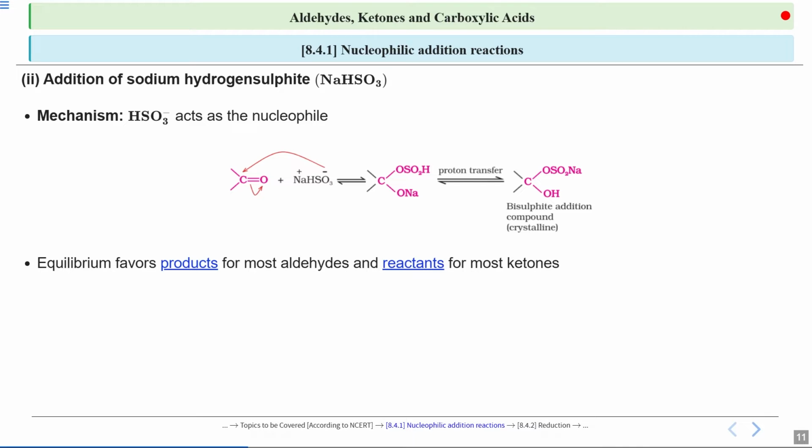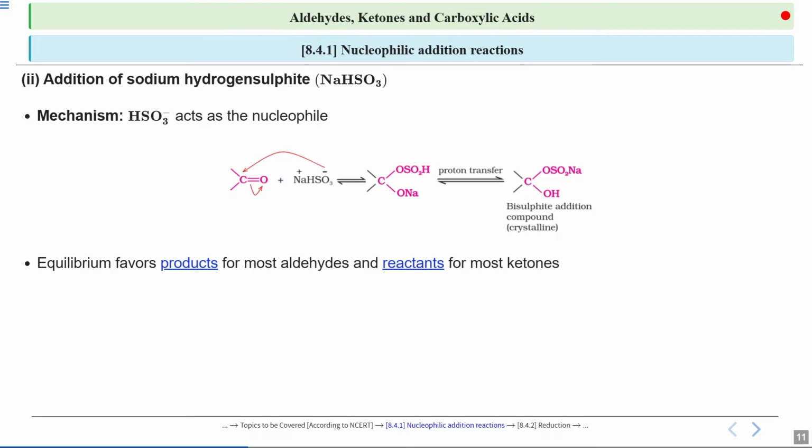Now the equilibrium tends to favor the formation of products when dealing with most aldehydes. I repeat, it is important that the equilibrium tends to favor the formation of products when you are dealing with most aldehydes. However, when I talk about ketones, the equilibrium often favors the reactants.